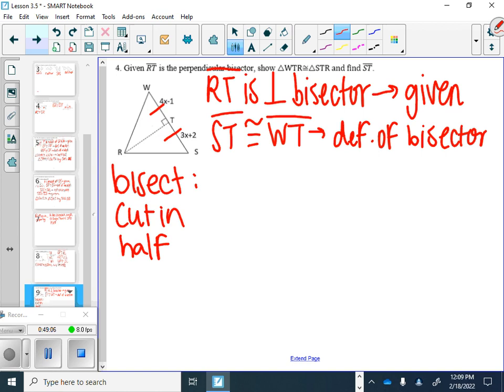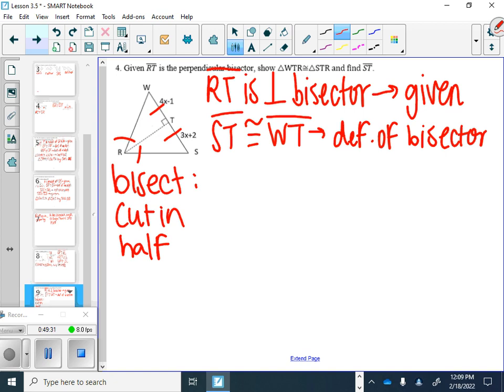Timothy? Wouldn't it make WRT and SRT congruent angles? Be careful your wording, because you're saying these two angles. It's not an angle bisector though.